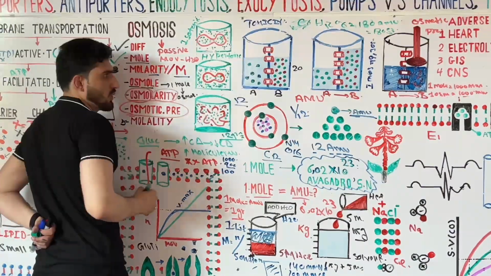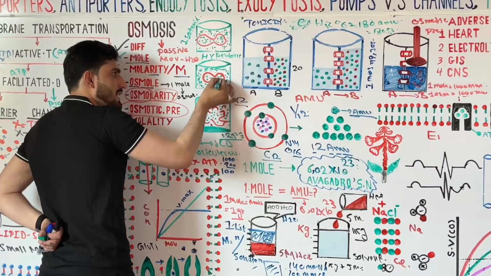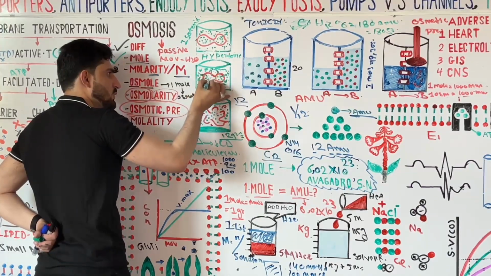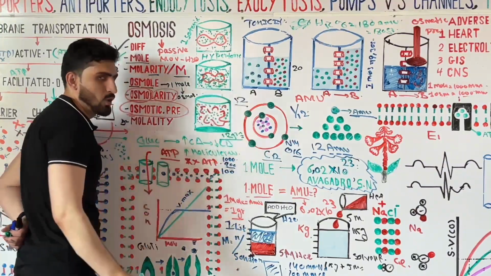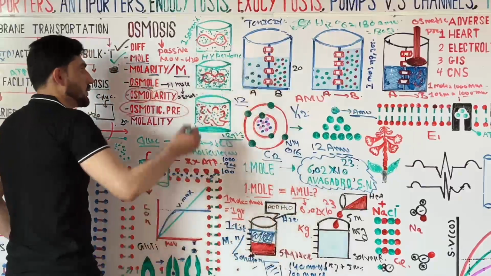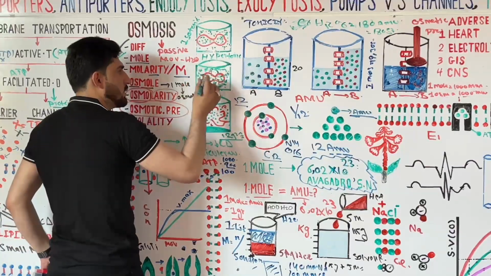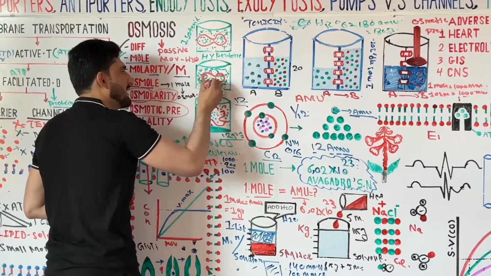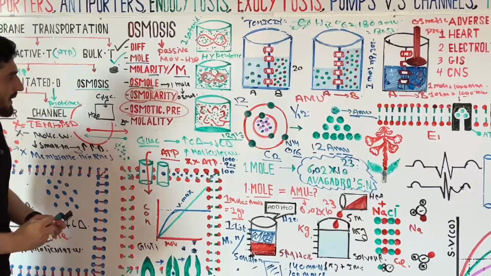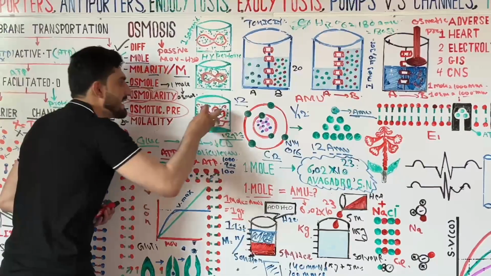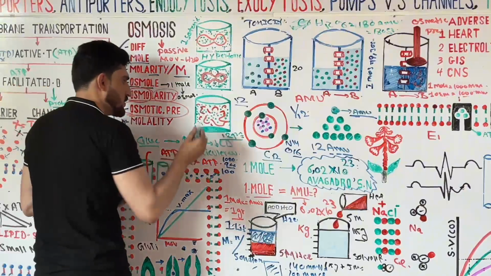In a hypertonic solution, the water moves from the inside of the cell to the outside of the cell by the process of osmosis, because here are water channels. So in this hypertonic solution, the cell goes to shrinking. The cell is shrinking.